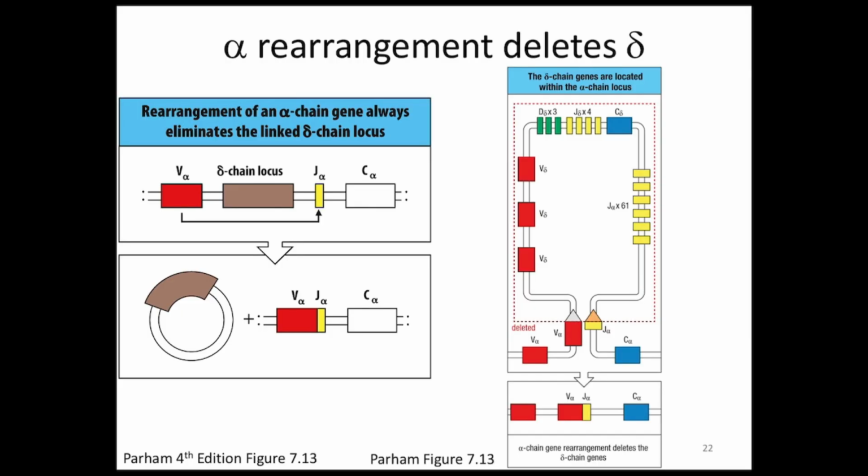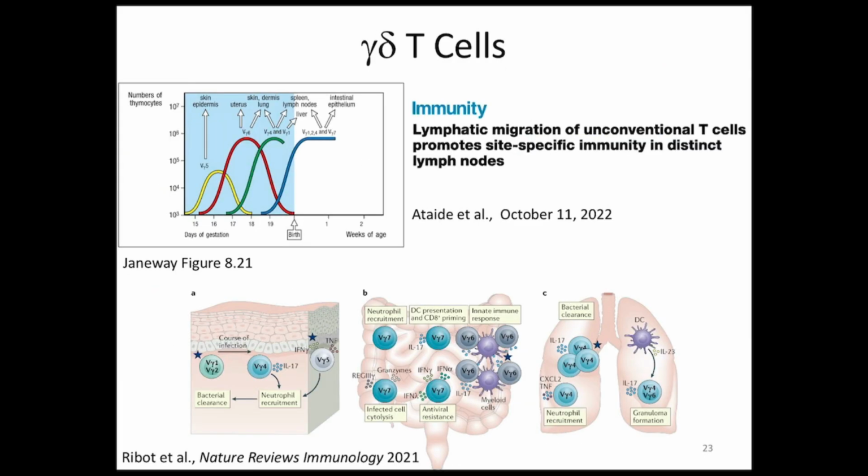I will say one other quick thing about gamma delta T cells, and then I will leave them until much later and not think about them again, because honestly, I almost never think about them. Gamma delta T cells do actually develop pretty early during development.